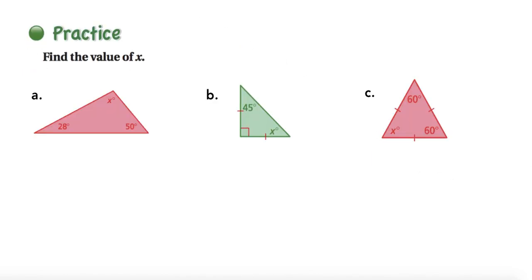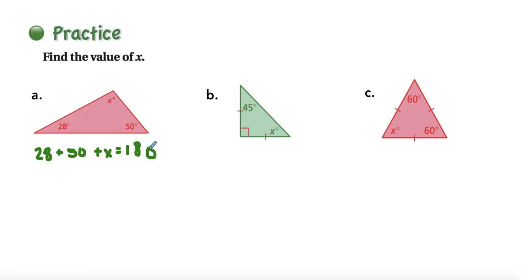Let's try some practice problems. Given my triangle, I can see that I am given the angles 28 and 50, and now I must solve for my unknown angle. So I can set up my equation as 28 plus 50 plus x is equal to 180 degrees.